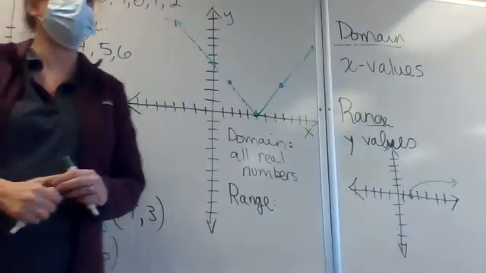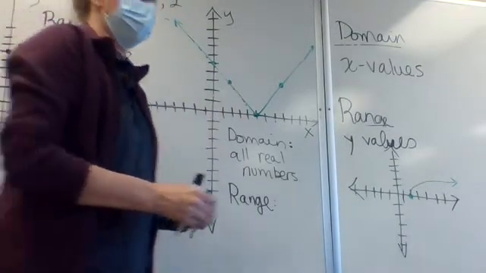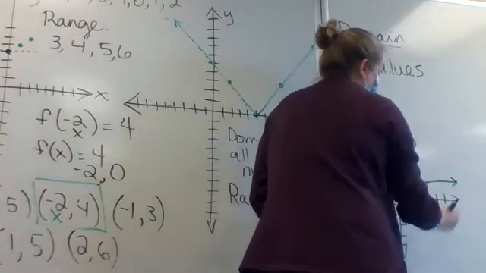That's what the graph of a square root function looks like. That one would not be all real numbers. This one starts here, and I only have one arrow going forever to the right.